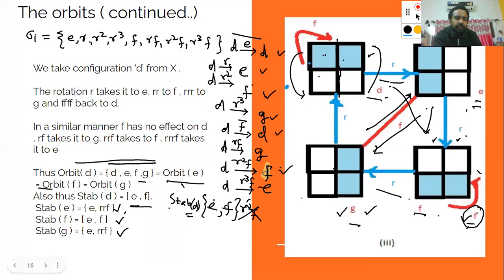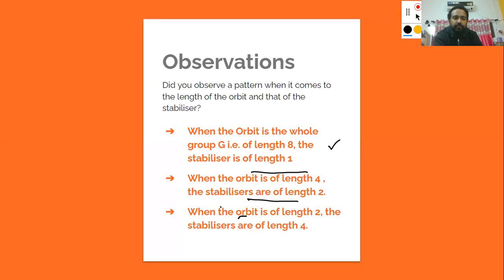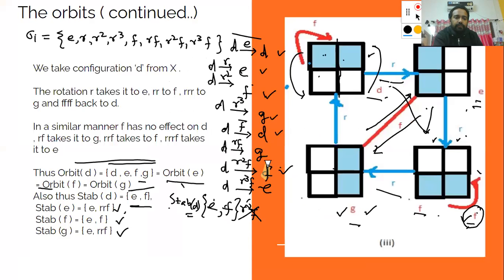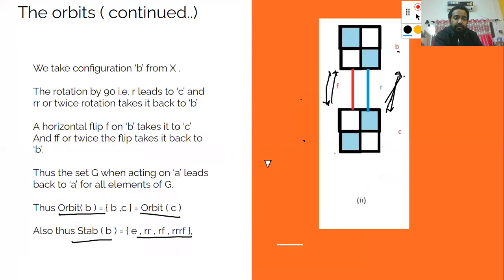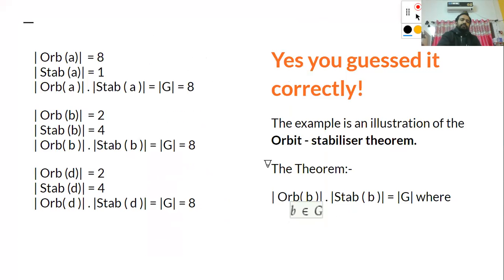When the orbit is of length 2, the stabilizers are of length 4. So basically, the relation we are getting is that the orbit length multiplied by the stabilizer length gives us the length of the group. And that is nothing but the orbit stabilizer theorem in group theory.